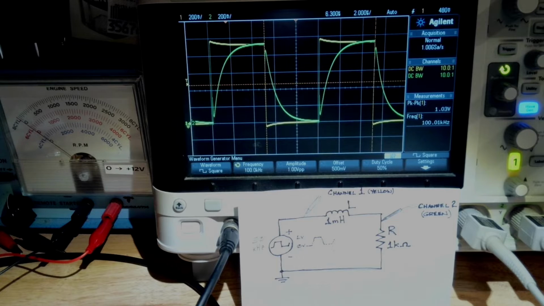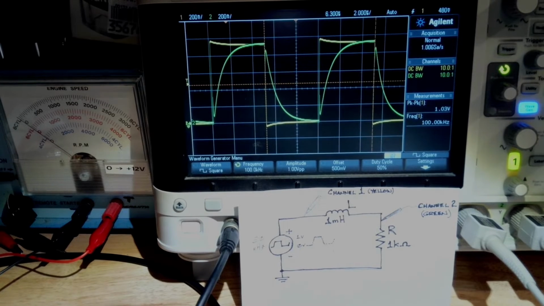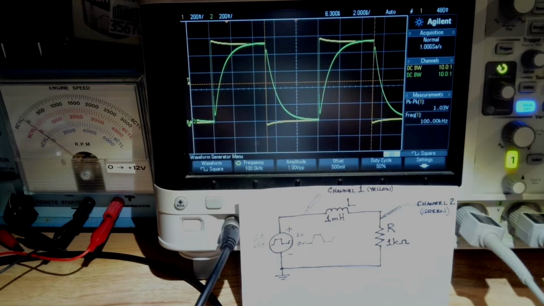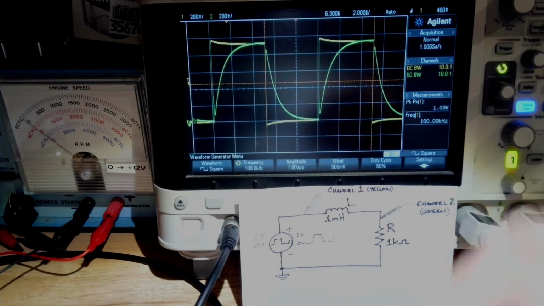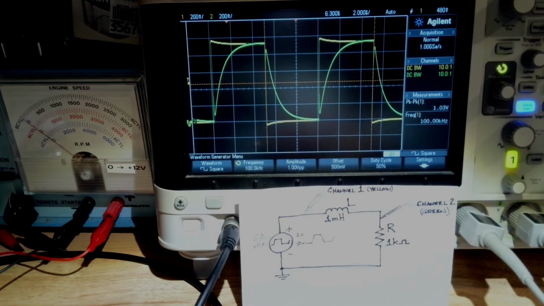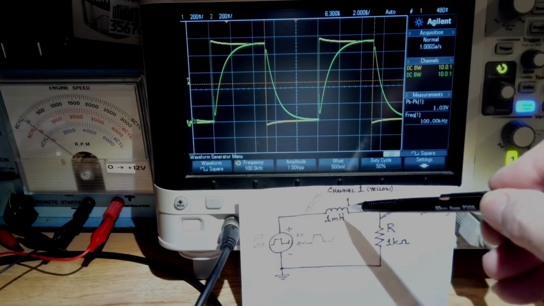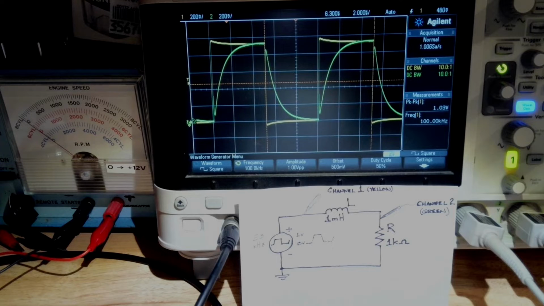And as that magnetic field expands to more magnetism or decreases to less magnetism, that increasing or decreasing field falls upon the very coil that's making that magnetic field. And so this coil becomes a generator. And it generates what they call a back EMF, a back voltage, if you will.